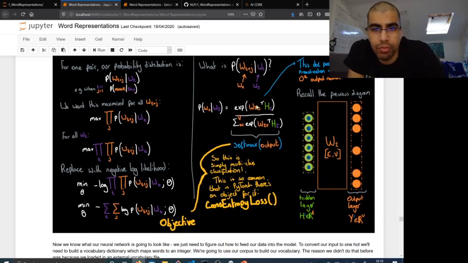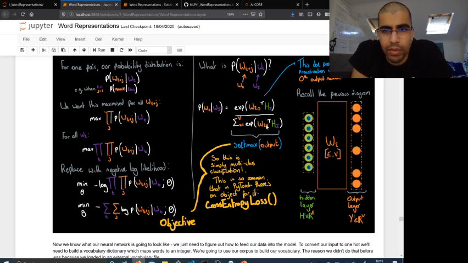So we can represent this as the second weight matrix for the output word times the hidden layer for the input word, over the summation for all the words in our vocabulary V, because our output layer is vocabulary length, where each individual neuron refers to one word in the vocabulary.